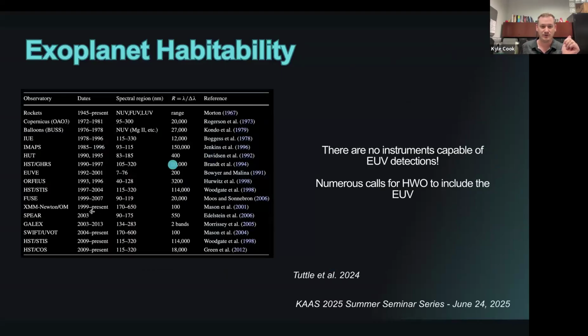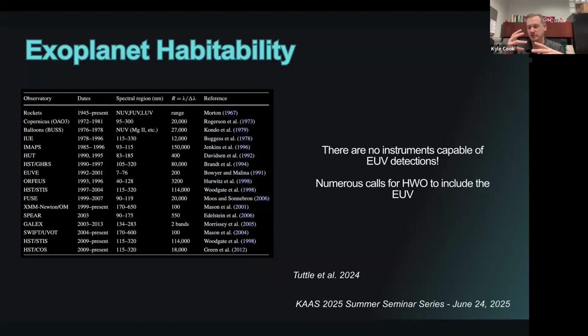If we go back to this table that I shared last week, SPEAR was the most recent, but that's the one that didn't last hardly any time at all, less than a year. Everything else, nothing reaches really down into that extreme UV range, which is kind of our, let's call it 10 to 90 nanometers. So we have no instrument that can actually observe those environments.